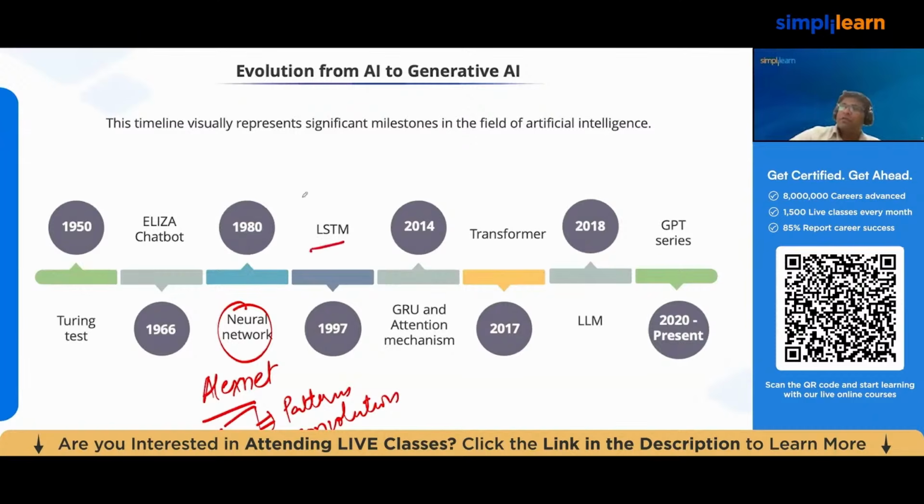Then came the LSTMs, and we also have RNNs. The major disadvantage of neural networks was that they took fixed-length input, and time series and NLP text could not be passed into a convolutional neural network because it cannot process sequential data.